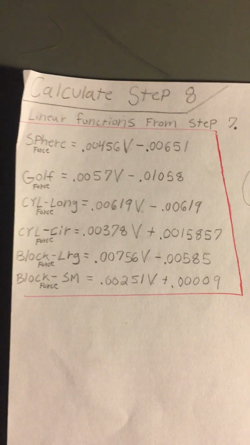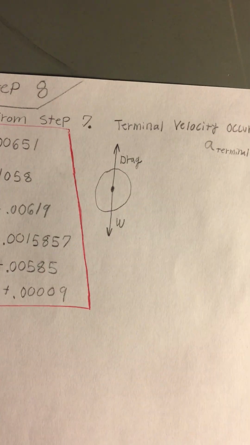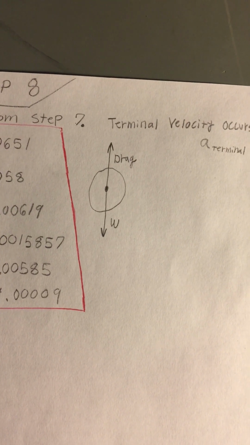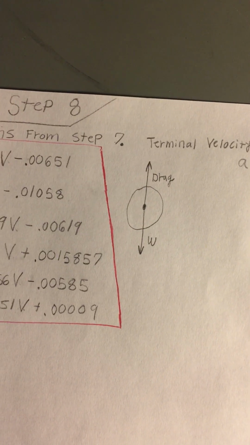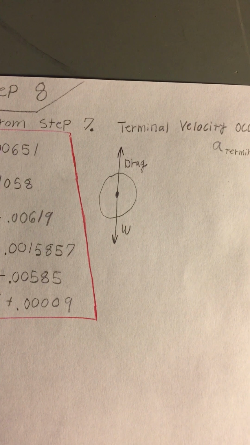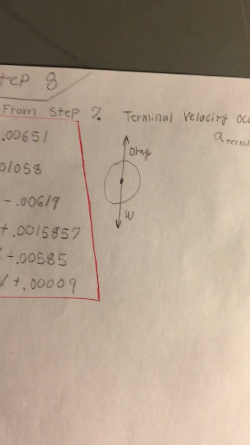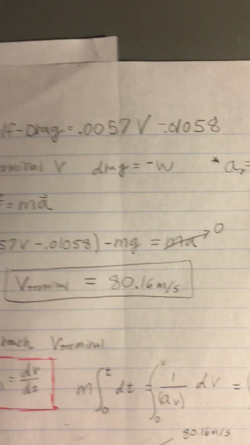Here are those equations once again, and on the free body diagram of the golf ball, or the sphere, we have drag force going up and the weight mg pulling us down. Once we reach terminal velocity, the velocity won't be changing, our acceleration will be 0, and those forces must be equal.